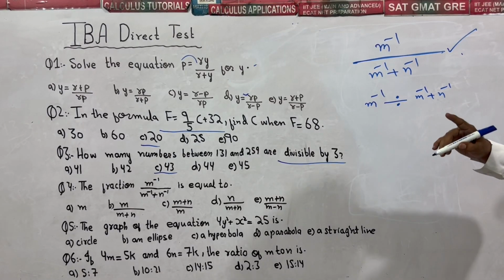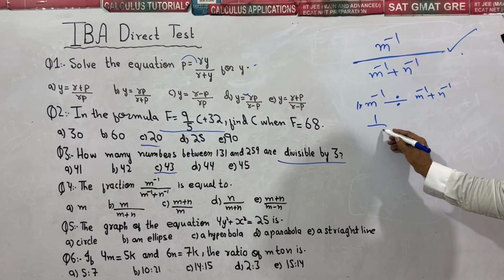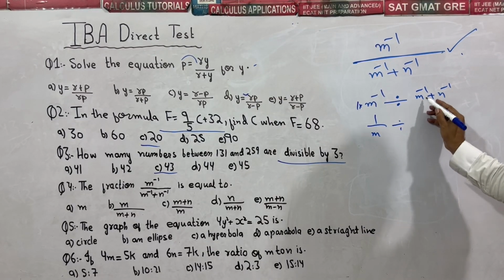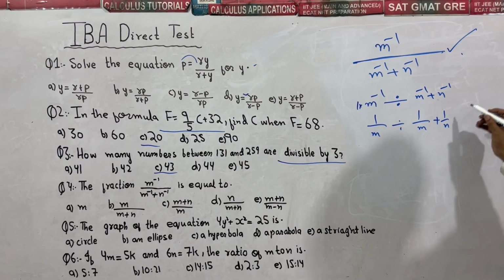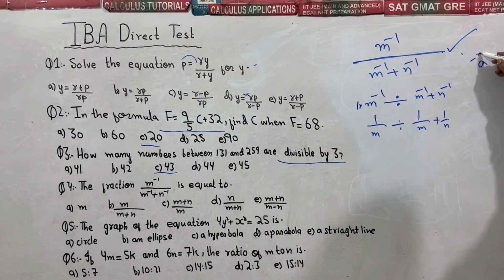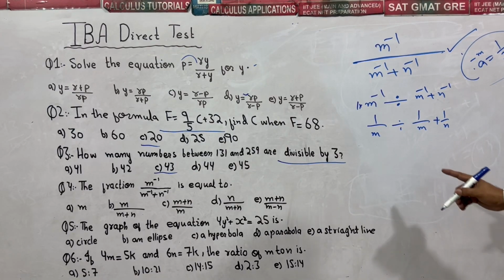Now convert the negative powers to positive. It can be written as 1 over m divided by 1 over m plus 1 over n. Simple tip: a raised to minus m can be written as 1 over a raised to positive m, by the simple property of exponents or powers.